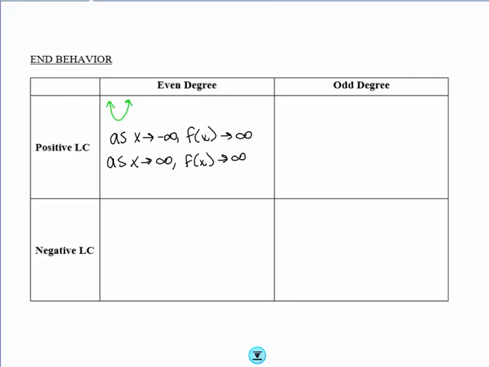If we have an even degree polynomial but a negative leading coefficient, our graph will look something like that. So our end behavior is as x approaches negative infinity and as x approaches positive infinity, f of x approaches negative infinity.